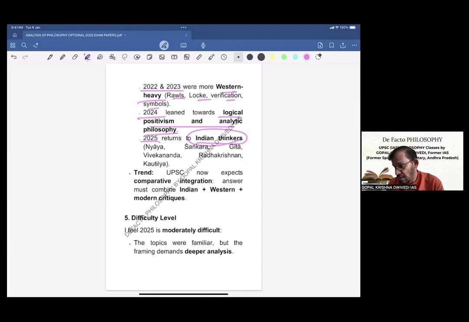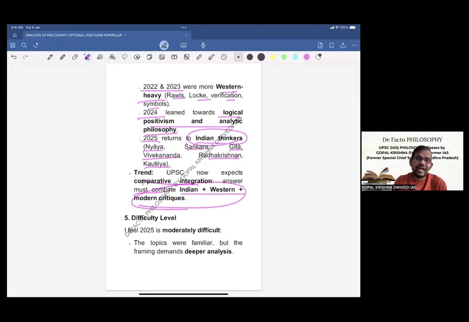They have questions from Nyaya, Shankara, Gita, Vivekananda, Radhakrishnan, Kautilya. This is the specific characteristic of the 2025 paper 2 of philosophy. So the trend is that UPSC now expects comparative integration. The answer must combine Indian, Western, and modern critics.